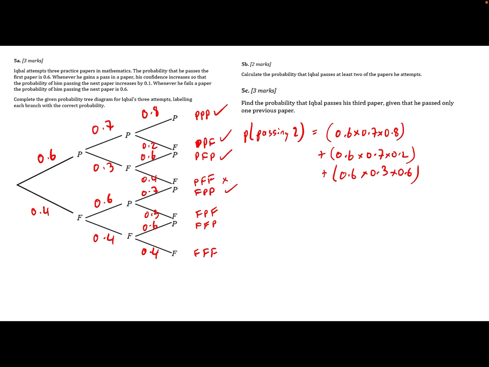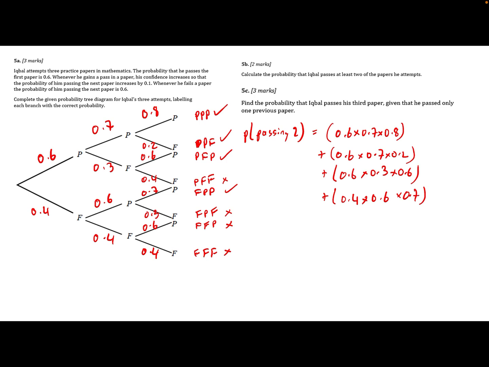This one has him failing twice, so no good. This one has him passing twice, so plus 0.4 times 0.6 times 0.7. And the others have him not passing twice or more.